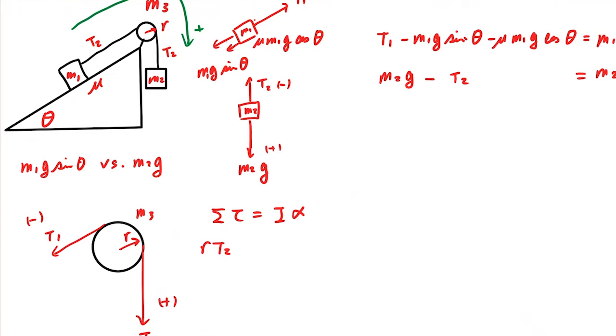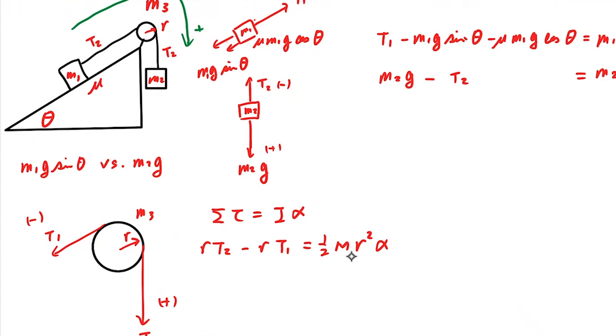R cross F is our torque, minus R and T1, correct? Tell me what the moment of inertia of a pulley is. We just integrated 1/2 m r square, right? And then alpha. You with me?